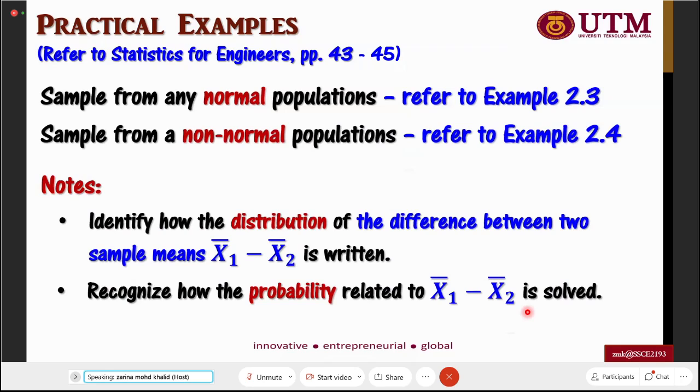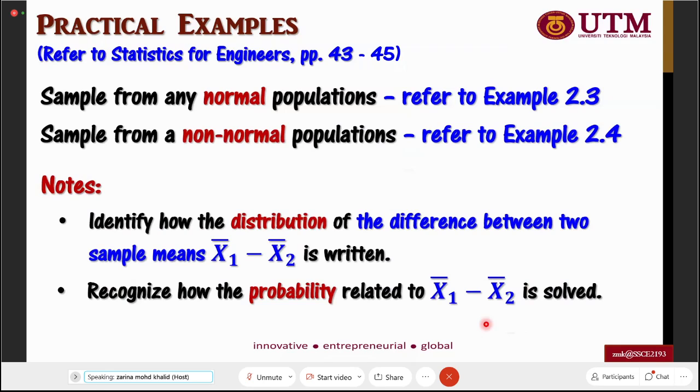As long as you standardize x bar 1 minus x bar 2 to z, then use your calculator straight away. Don't worry about whether to minus or plus 0.5. That is when you make use of the old table. When the textbook was released, the new table was not yet available. But anyway, as long as you get a similar answer, that is okay.